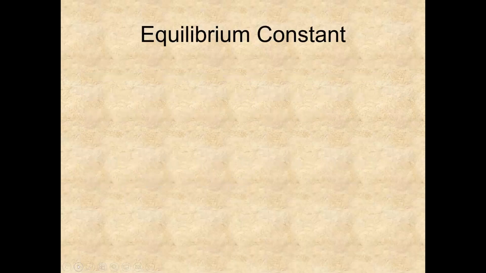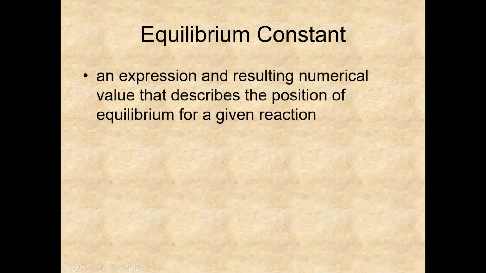One way that we determine which side has more of an amount is by looking at the equilibrium constant. The equilibrium constant is an expression and resulting numerical value that describes the position of equilibrium for a given reaction.